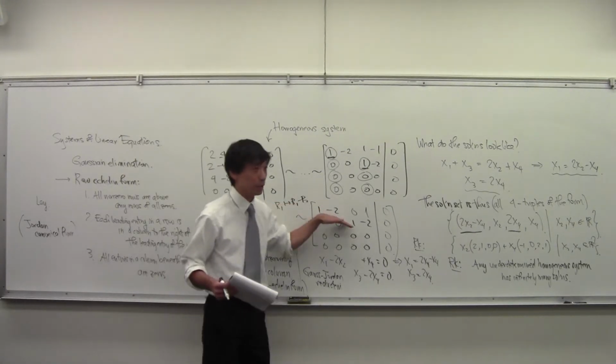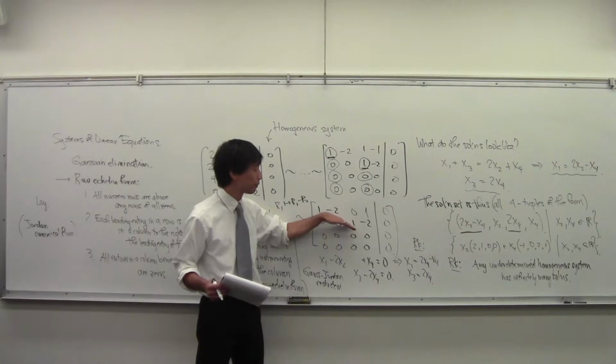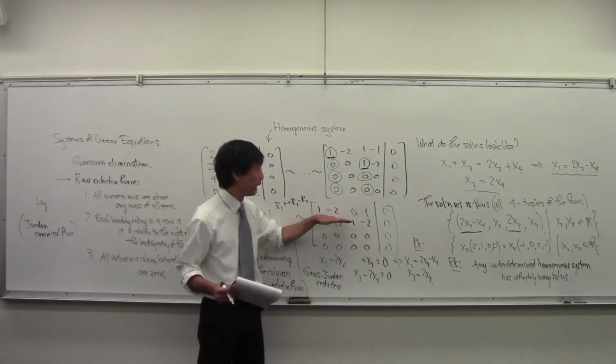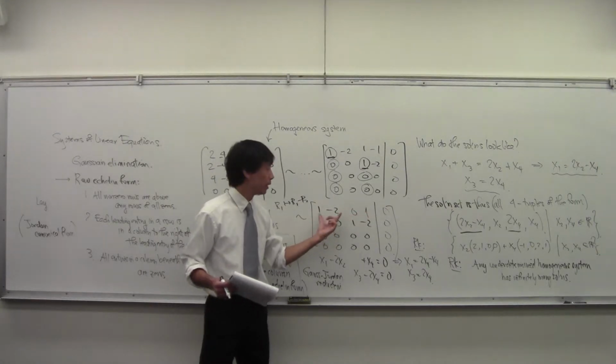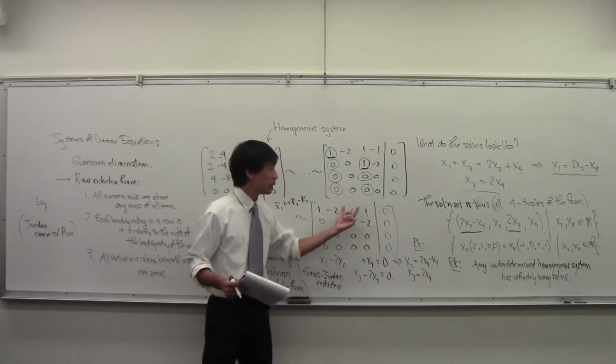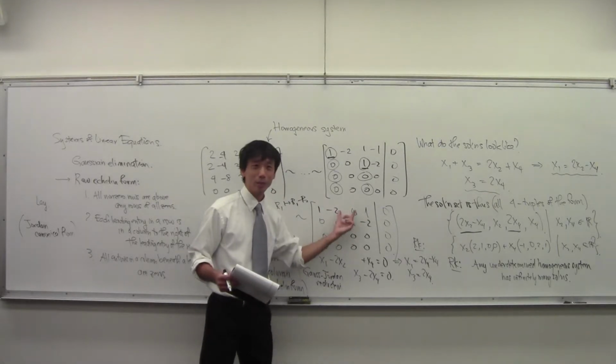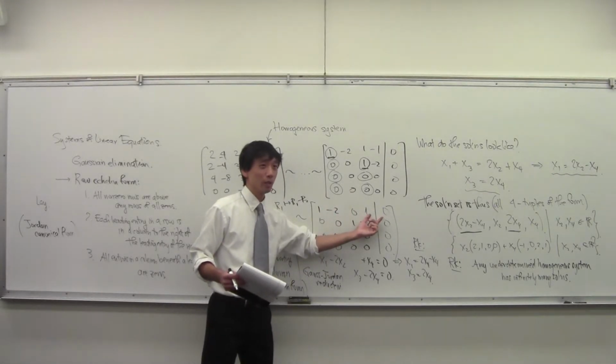If you have an underdetermined homogeneous system, then you're going to have lead variables that are expressible in terms of the free variables, right?